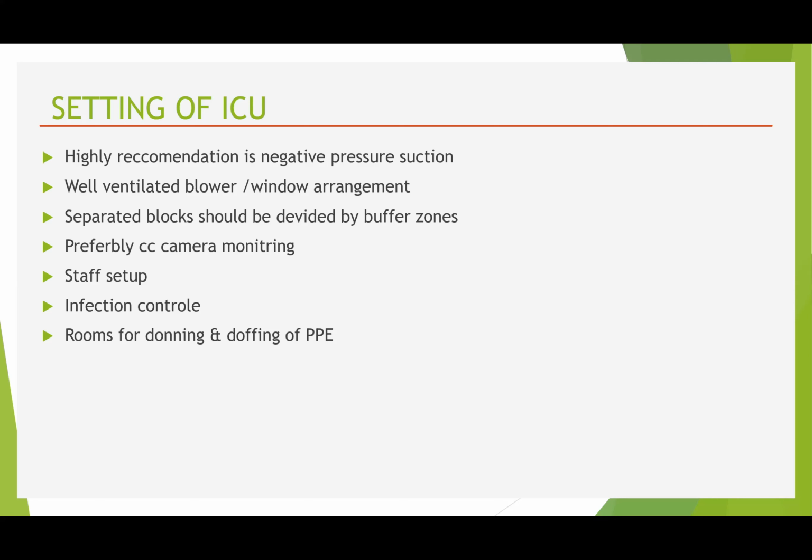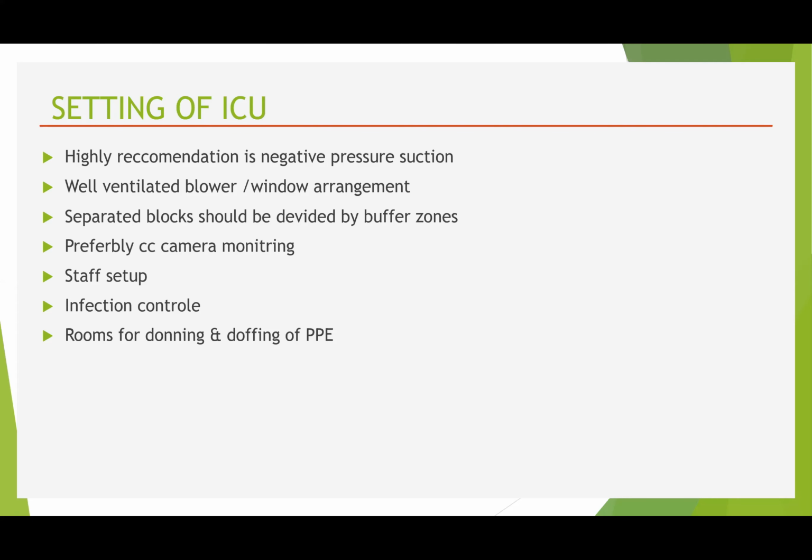In infection control, every ICU should be autoclaved regularly, every 3 or 4 days, and all the infected material should be disposed of in some other protective areas. Especially, rooms for donning and doffing are very important, because in mid-level setups like ours it's very difficult to maintain donning and doffing.